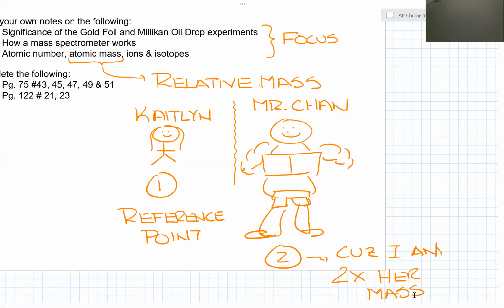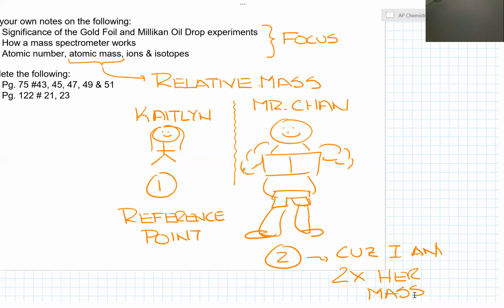Okay, so this is what chemists have used in terms of the periodic table, in terms of the mass of an atom. So I know back in grade 10, most of you said, oh, atomic mass is protons plus neutrons. The question is, how did they get that? Was through this idea of relative mass.